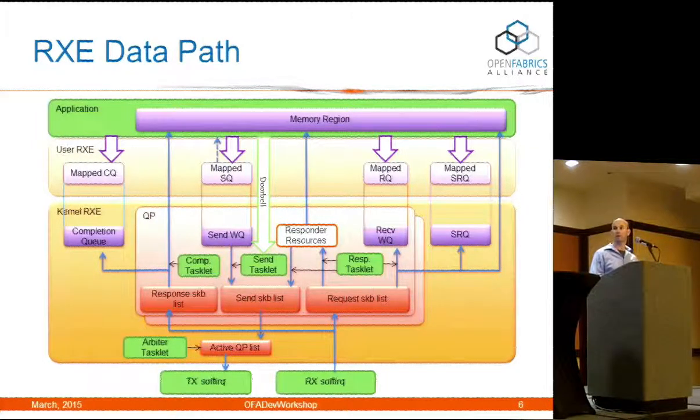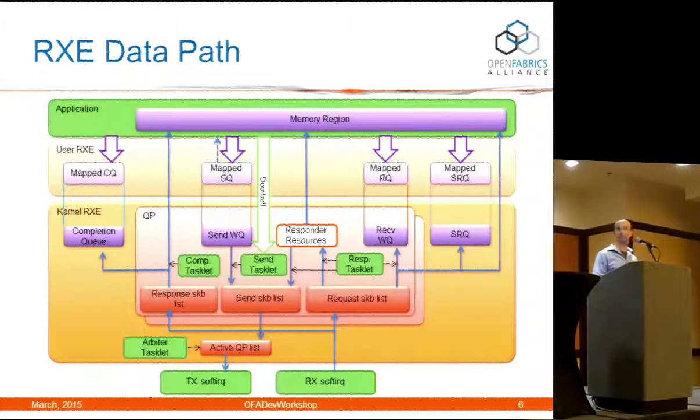We have one arbiter tasklet at the device level, which processes QPs that have ready-to-send SKBs on them. And for each QP, we have three tasklets: a responder, a sender, and a completer. And more or less, those are their roles.